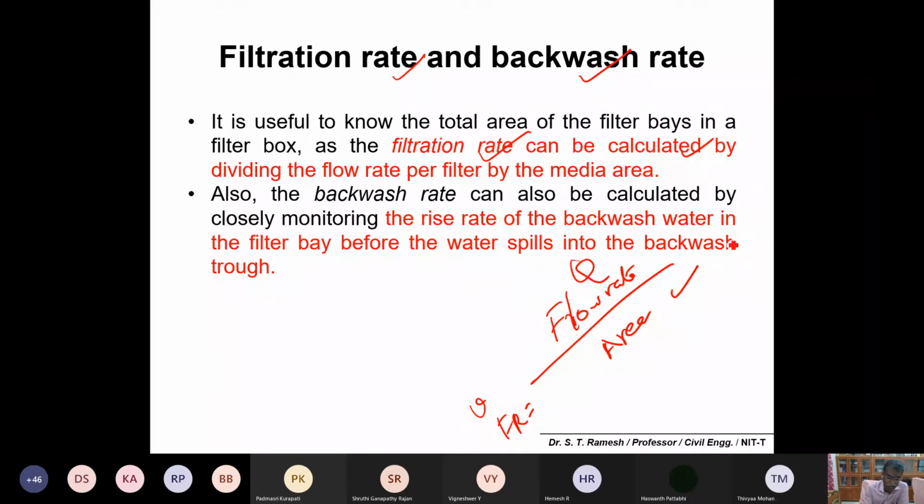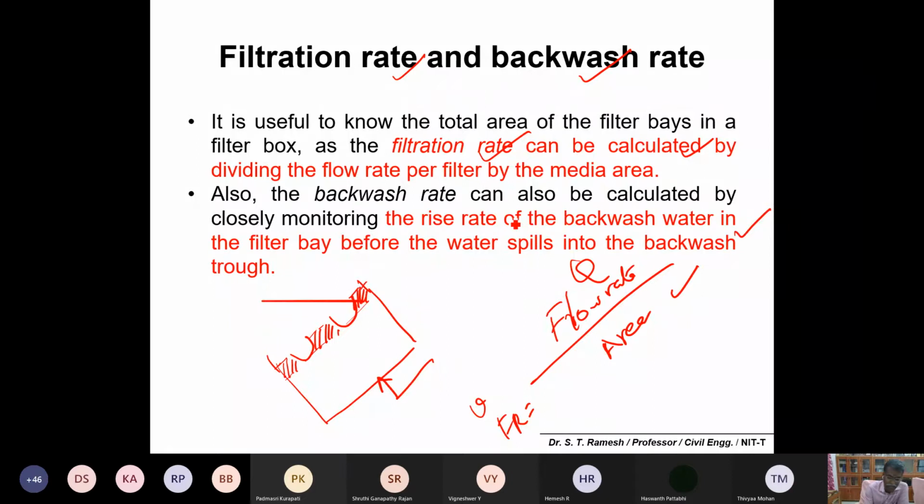And backwash we have also discussed, in the last class. During backwashing, what will happen? You allow the pressurized water to flow from bottom to top, so thereby the bed will be expanded. The bed will be expanded, and the water level also will rise. So now you calculate this much amount of water level rise.